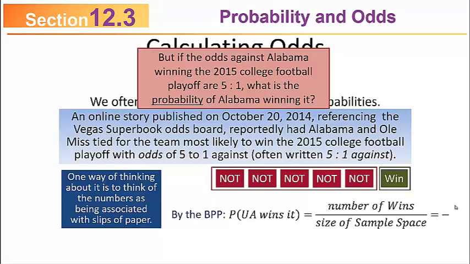So to do the probability, you've got to count the winning slips over the total number of slips. Well, there's only 1 winning slip, but there are 6 slips altogether. So the probability that UA wins it is 1/6. The odds against them winning it is 5:1. The odds in favor of them winning it is 1-5, but the probability of them winning it is 1/6.